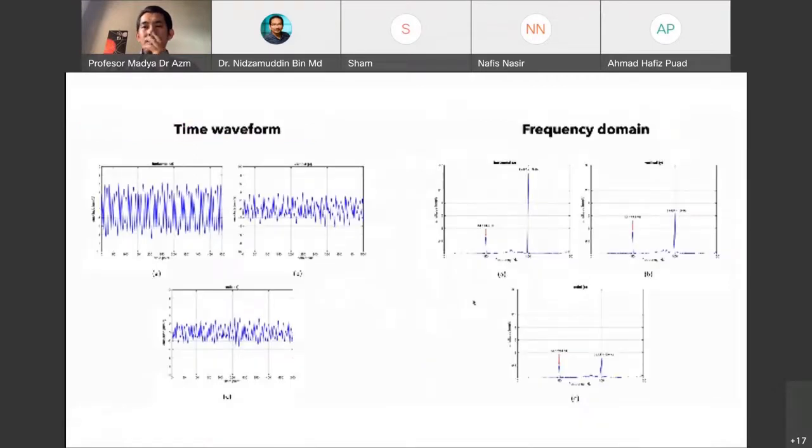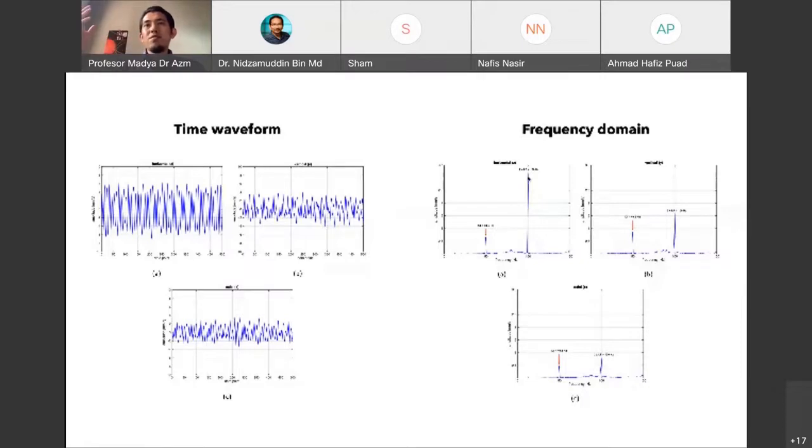When we analyze the signal, we find a very small amplitude at the speed of the motor, but we have very high vibration at 100 Hertz. 100 Hertz is 2 times the line frequency, because in Malaysia for alternating current we use 50 Hertz.